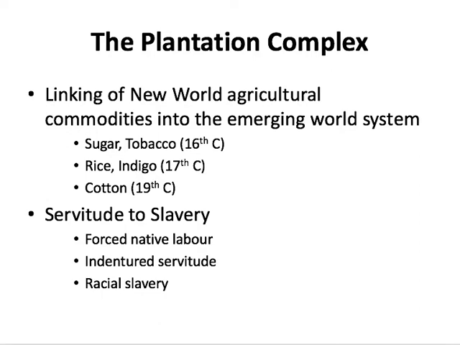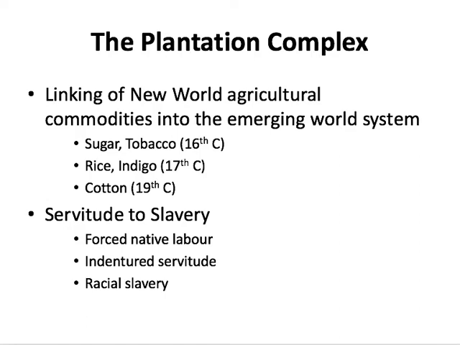So firstly, as we saw in the previous video, and also the video of Professor Jeffrey Pilcher, we talked a little bit about why there was a move from native indigenous slavery to eventually African slavery. As we know, the Spanish initially relied on forced native and indigenous labor, but it proved untenable for a number of reasons.